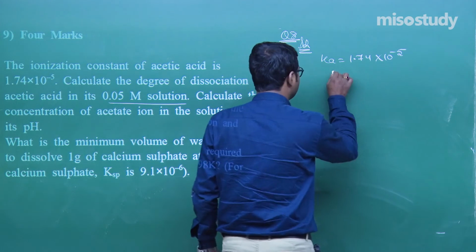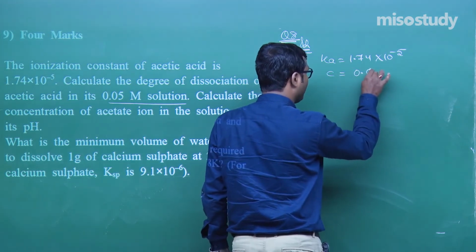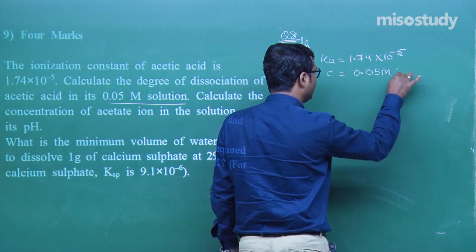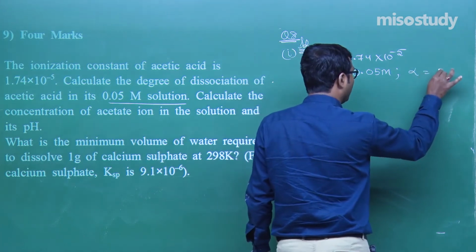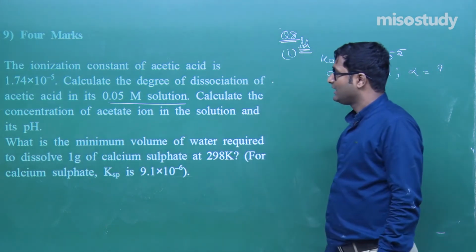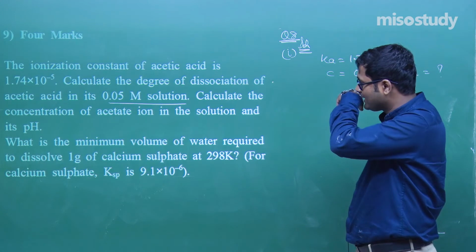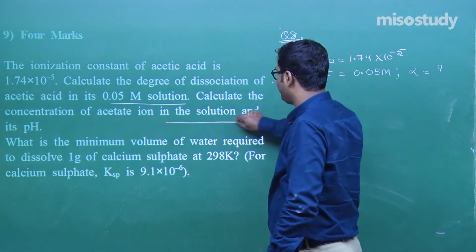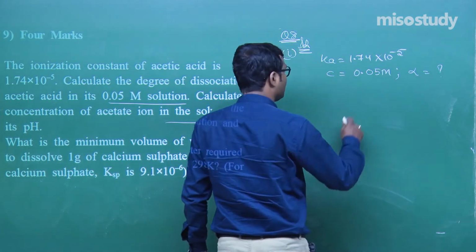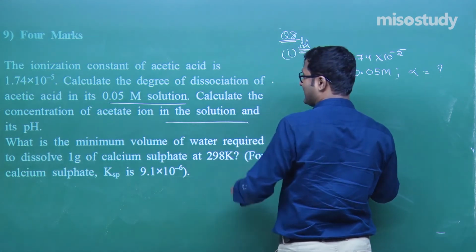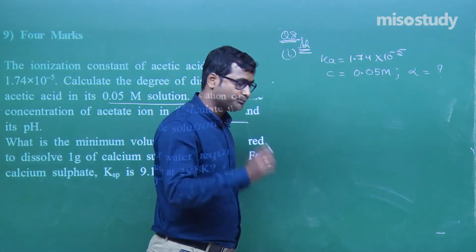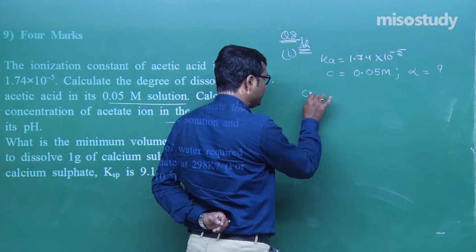That is, the concentration is given, 0.05, and we need to find alpha, the degree of dissociation. Also calculate the concentration of acetate ion in the solution and the pH.